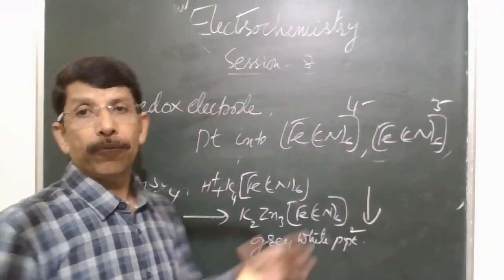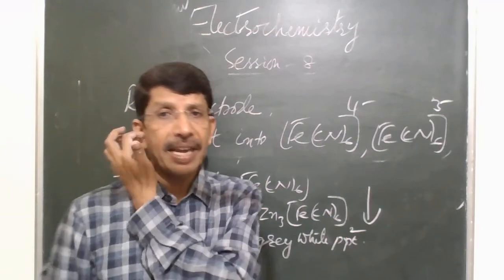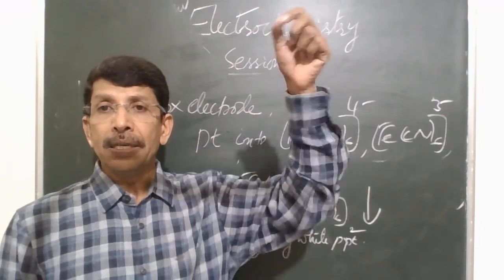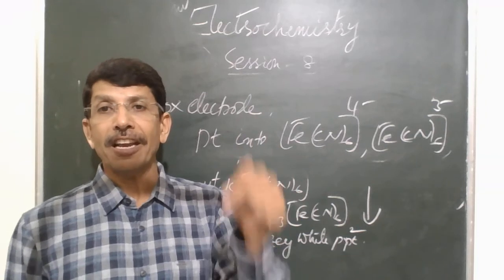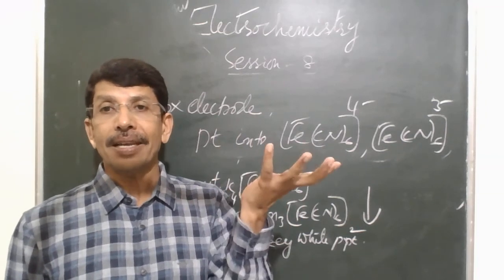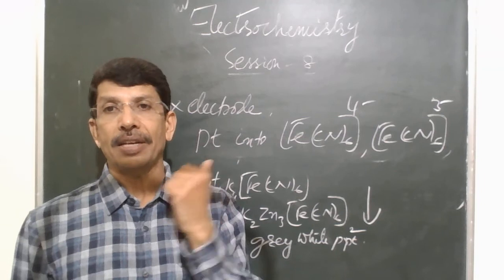So if you have ferrocyanide and ferricyanide ions in the solution, by placing a platinum electrode into the ion solution, that electrode acts as a redox electrode.